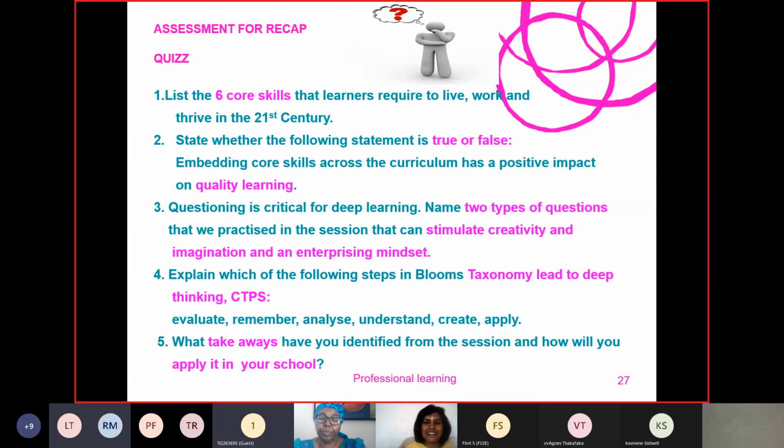How? Yes, how. But the ones that we practiced, remember, we saw the children sitting in the cold. What kind of questions did we use? How, why, and what else? Why, how? But more importantly, for an enterprising mindset, we have got 2 types of questions. Yes. Open-ended questions.